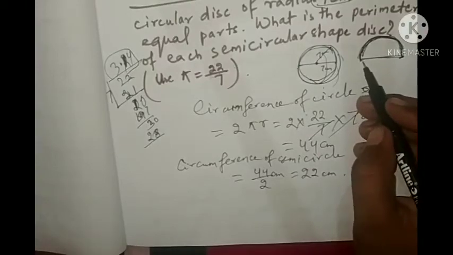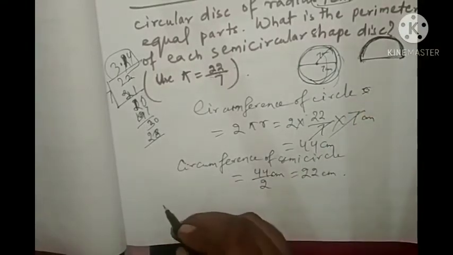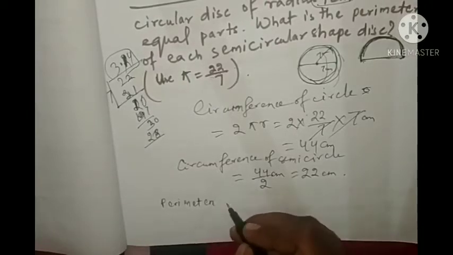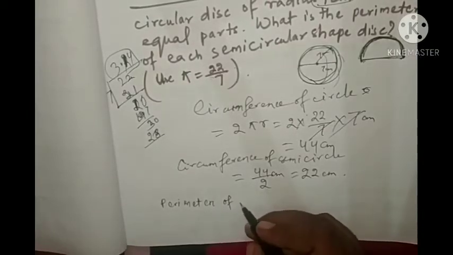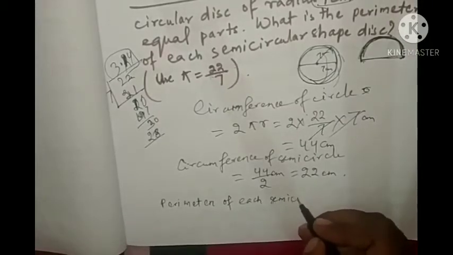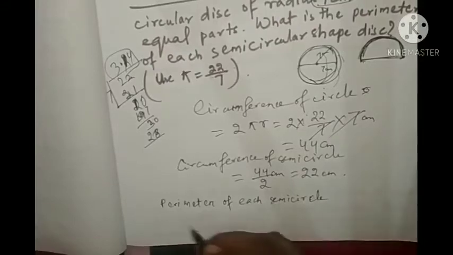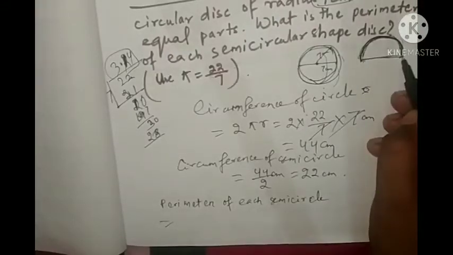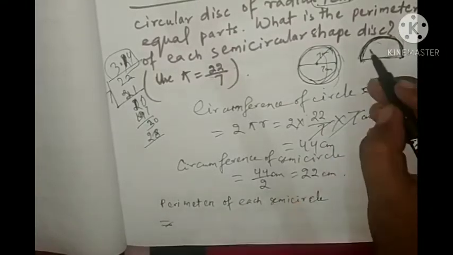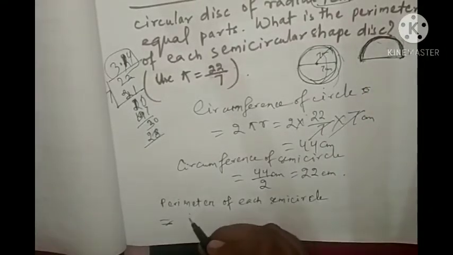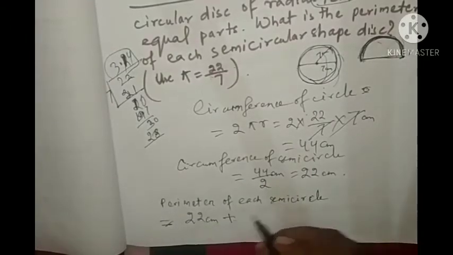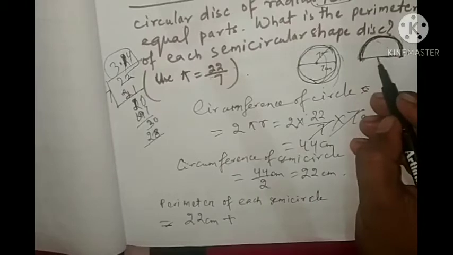Now the perimeter of this you can write: perimeter of each semicircle equal to this half circumference of semicircle, that is 22 centimeter, plus this is the diameter.